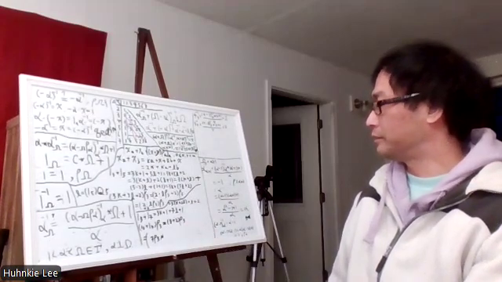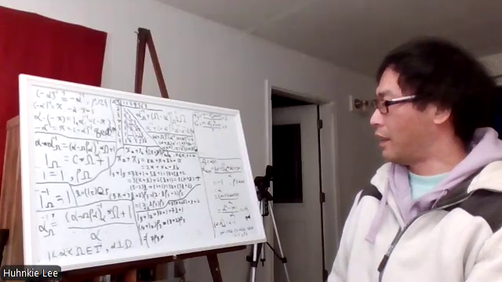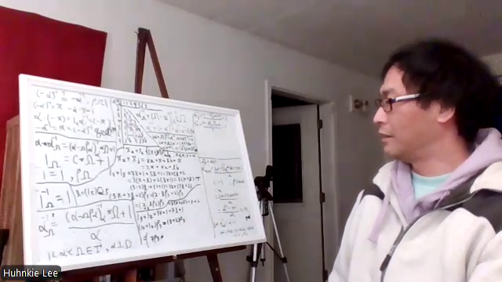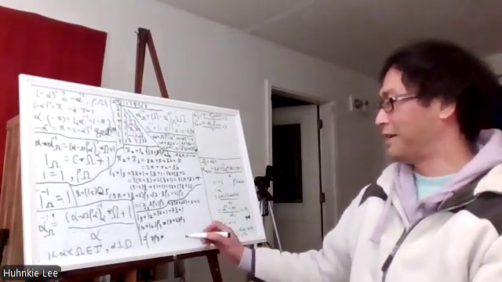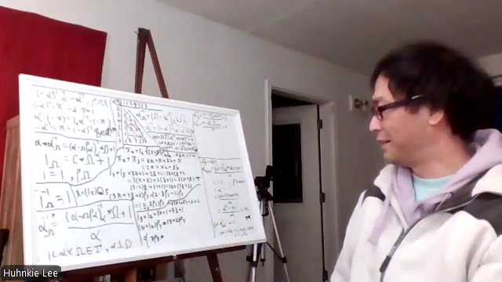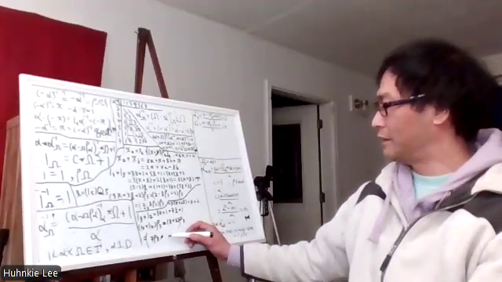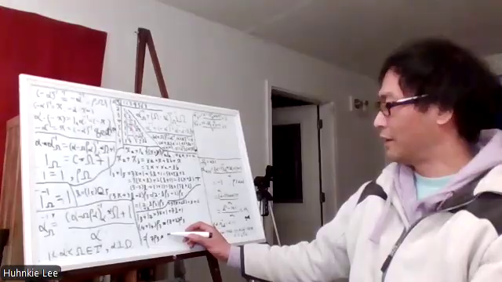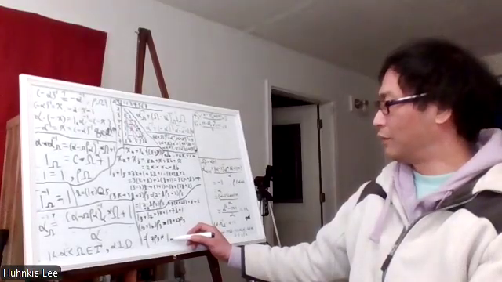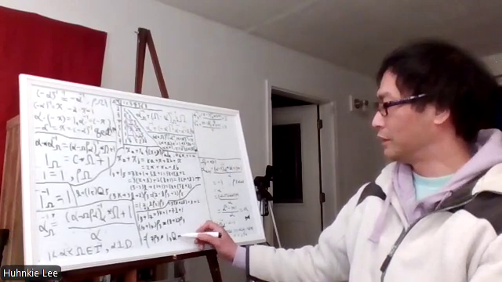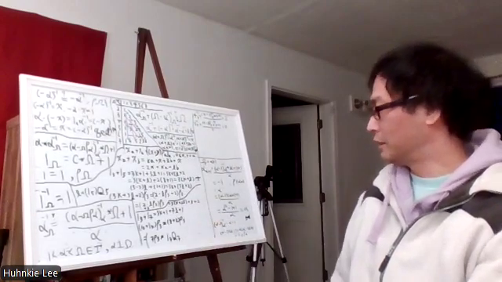What is L? L is... whatever. L is 1 row 7 quotient 7.